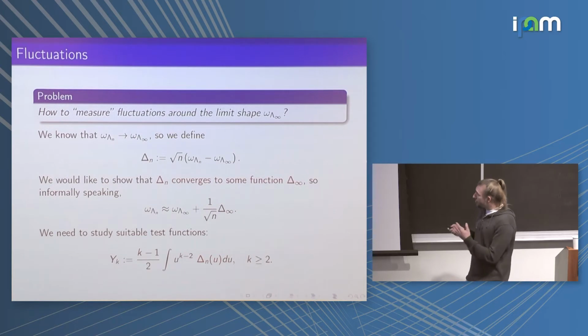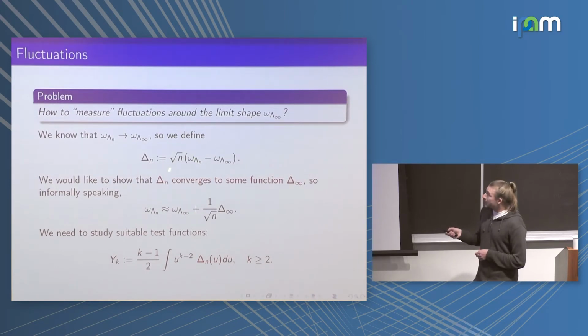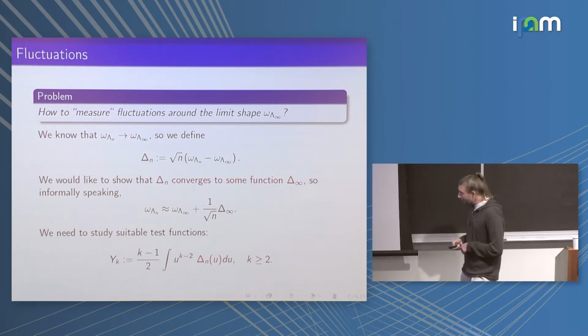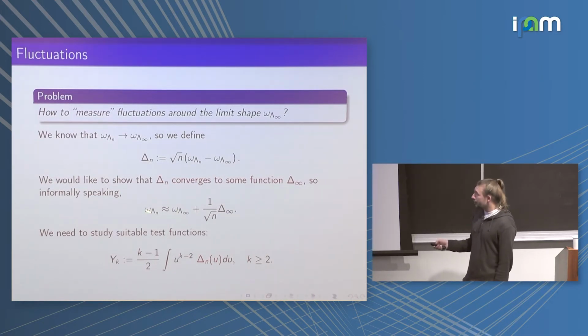So in order to make it formal, we have to study these quantities. So first of all, I'm looking at the difference between the limit shape and our profile, and I rescale it properly. So I have to multiply by square root of n. And then I would like to say that if I'm lucky, maybe my profile asymptotically behaves like that.